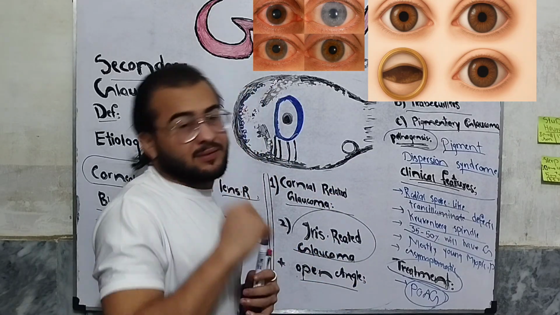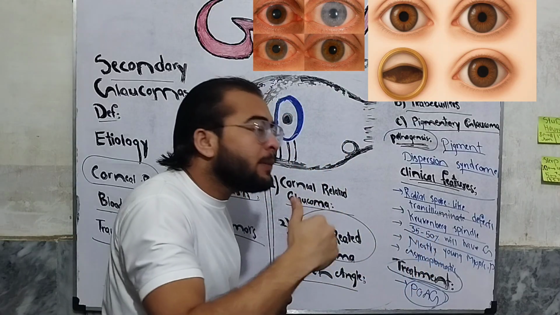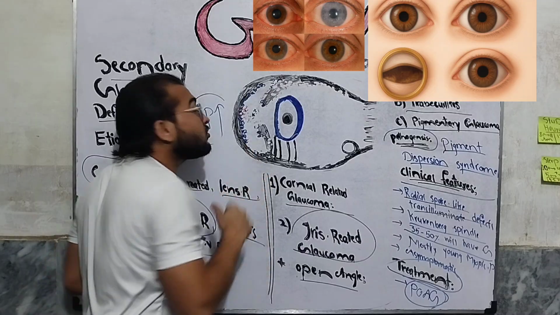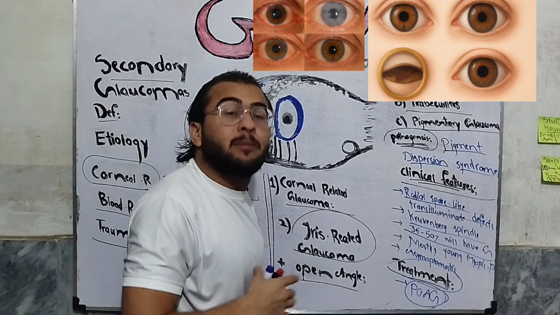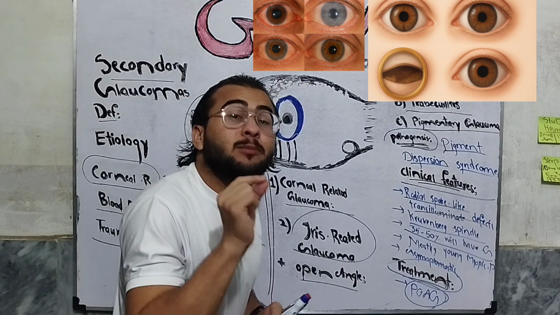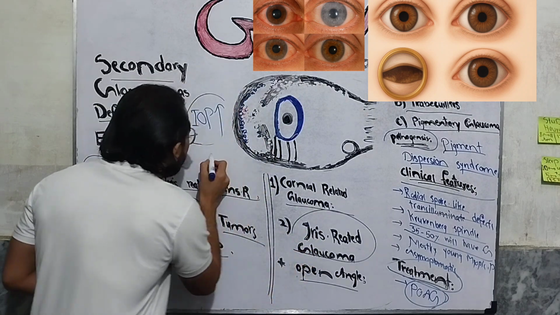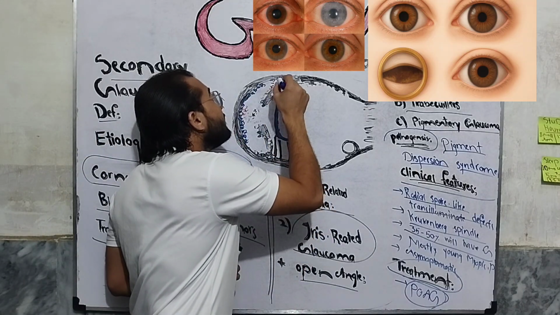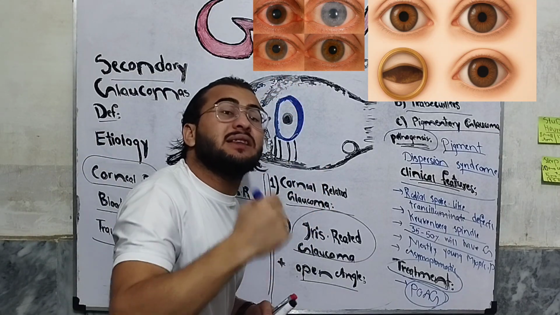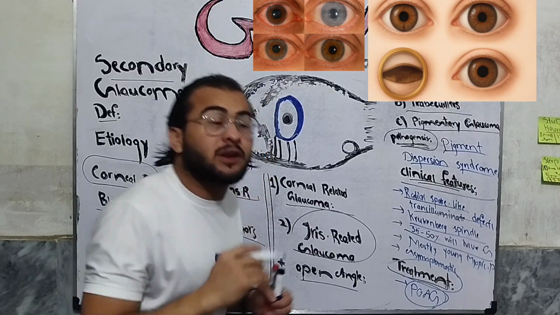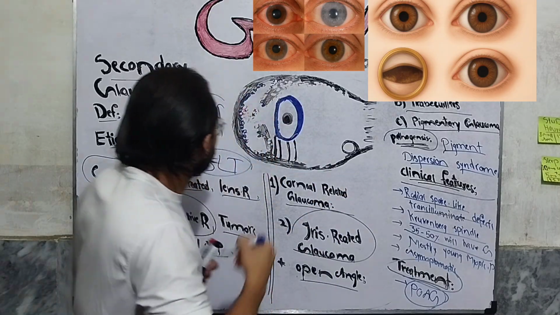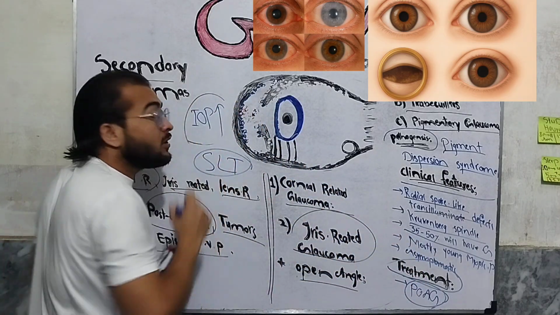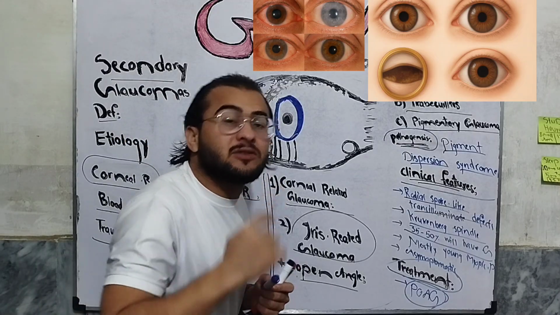If the topical anti-glaucoma therapy fails, then we will use laser therapy, for example laser trabeculoplasty, and the most important is selective laser trabeculoplasty, SLT. It will target only the melanin pigment in the perforations of the trabecular meshwork and will open the perforations.